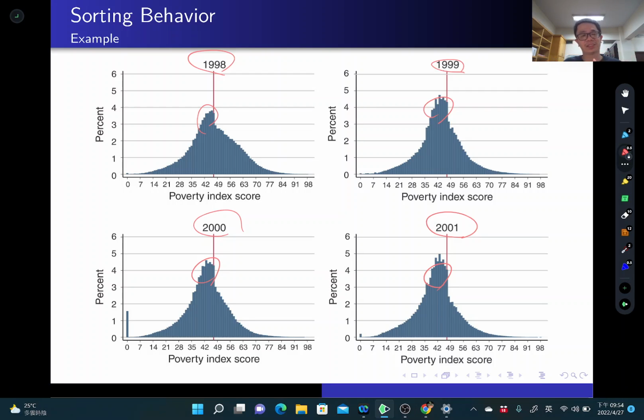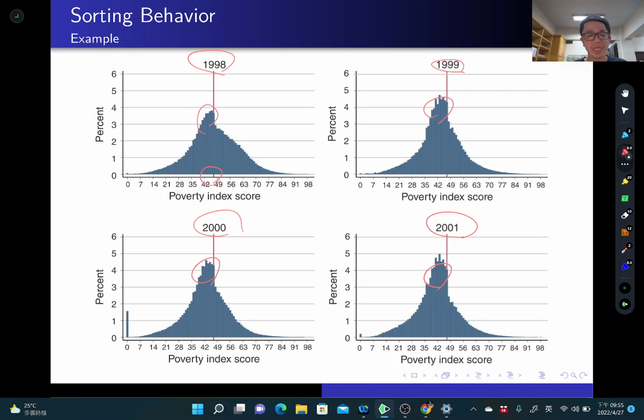When this happens, you cannot really use the poverty index as a running variable with this cutoff to examine the effect of the cash transfer on the labor supply, because people can manipulate the assignment variable. In that case, only those who want to receive the cash transfer will try to get below the cutoff.